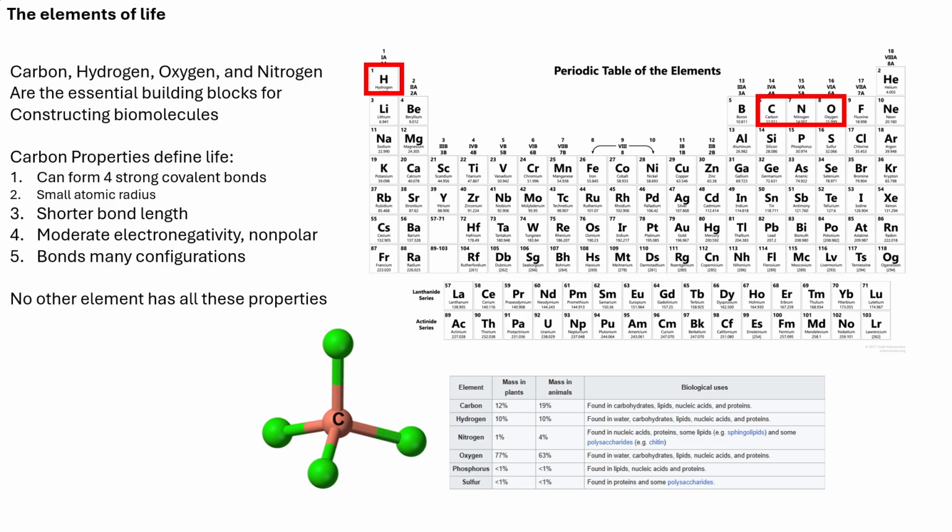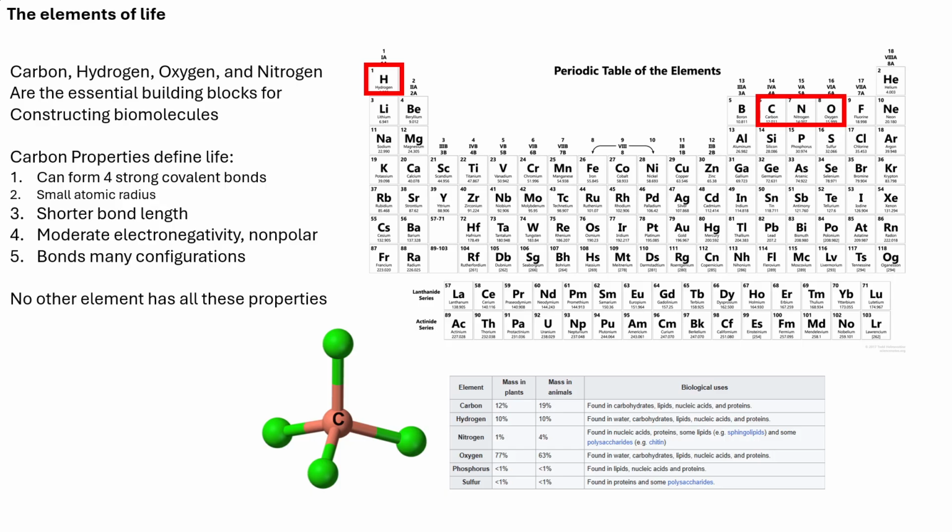It can form four strong covalent bonds, and this allows various structures to form, like rings or other sorts of configurations, as you can see in this tetrahedral form. It's a strong bonder, and it has a smaller atomic radius, so it doesn't get in the way of bonding and decrease the energy or the strength of the interactions, hence the shorter bond length because it has a smaller atomic radius.